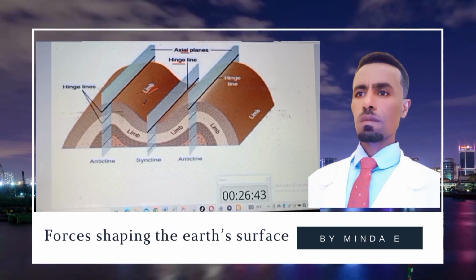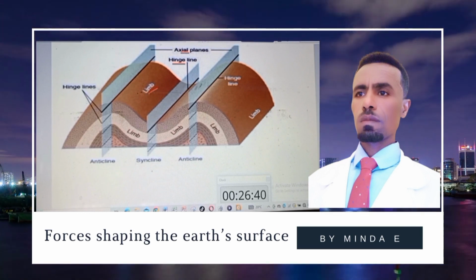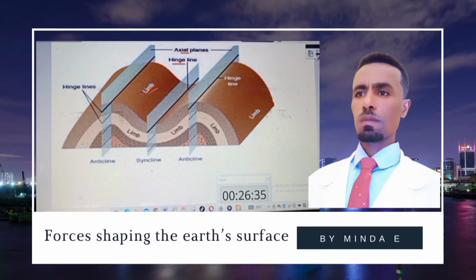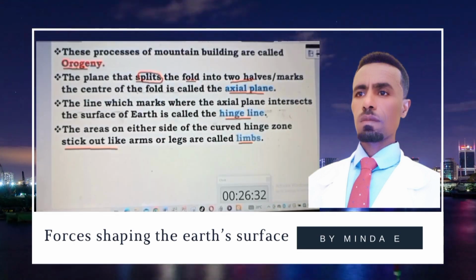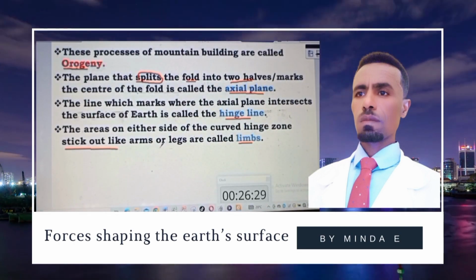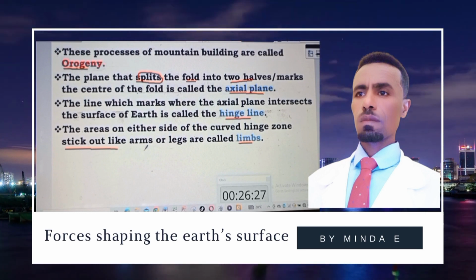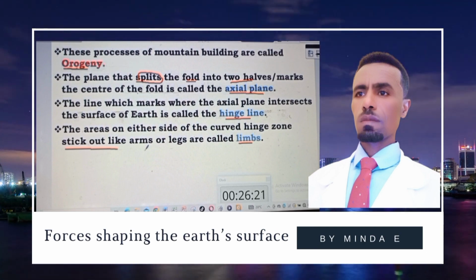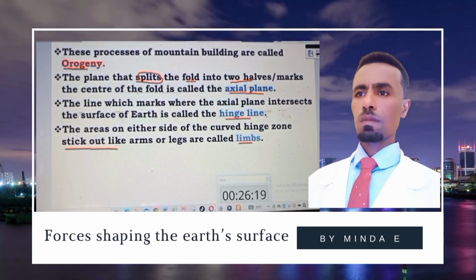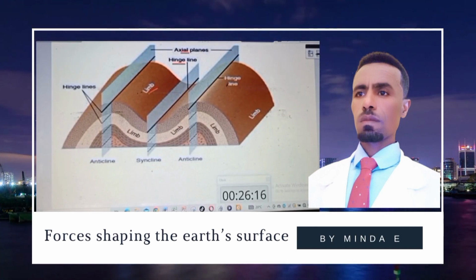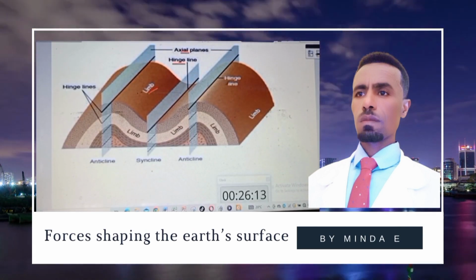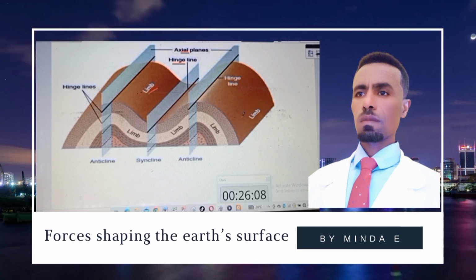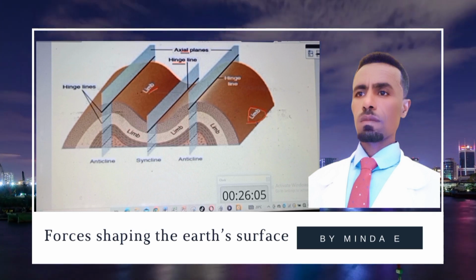And limb is a part which looks like it sticks out like arms or legs. This is the hinge line, and this is the curved hinge zone. The curved hinge zone is known as limbs.